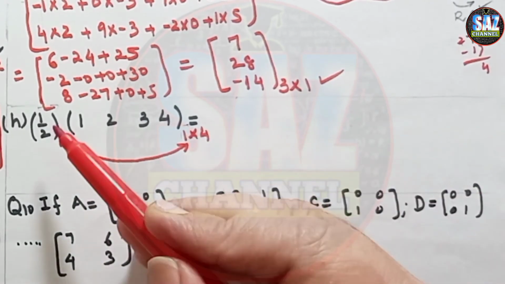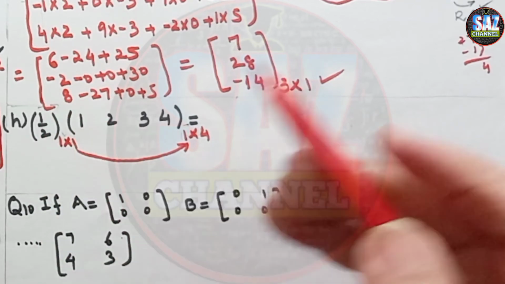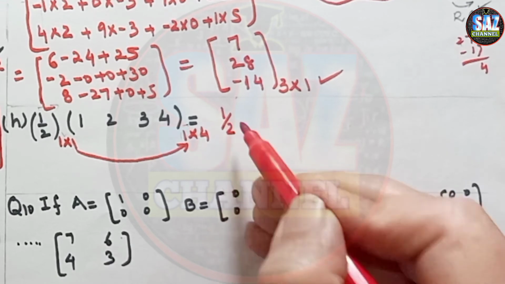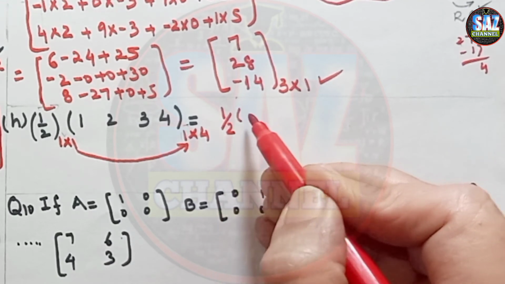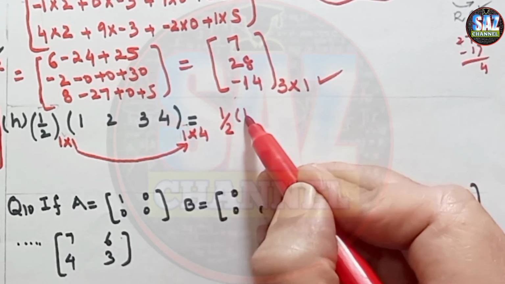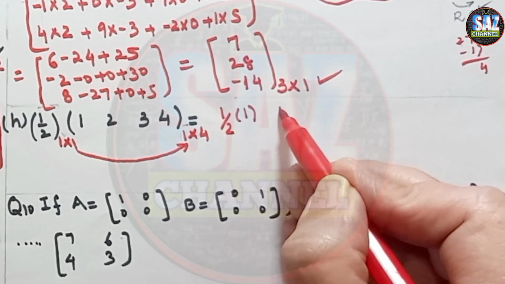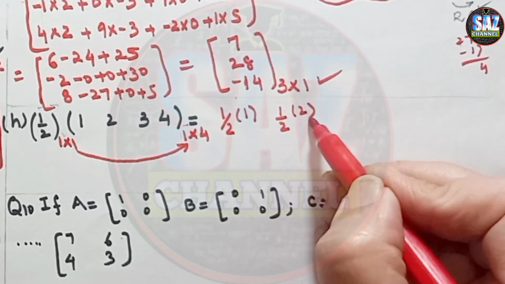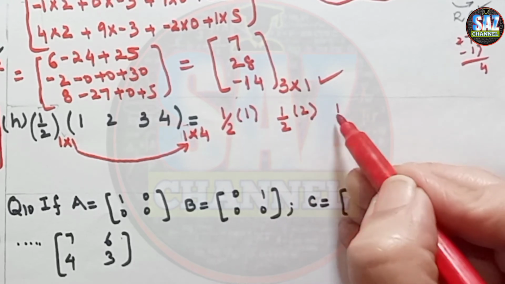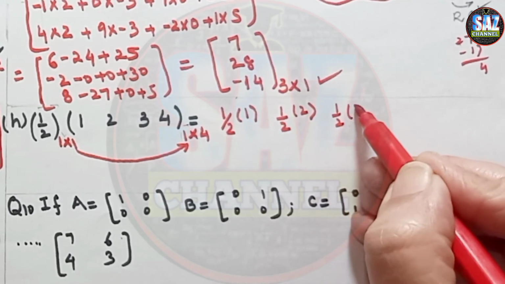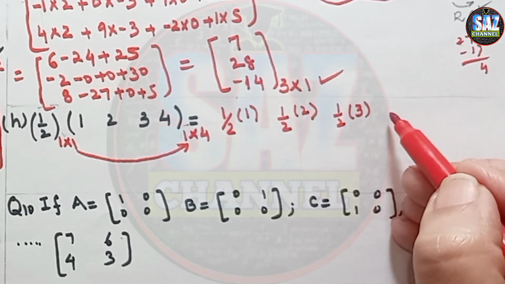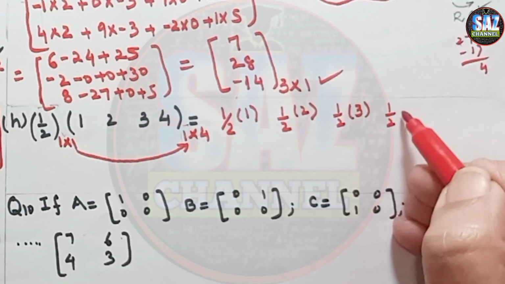So what I have to do is simply multiply this 1 by 1 matrix carefully with all the entries inside the bracket. 1 by 2 will be multiplied by 1, then 1 by 2 will be multiplied by 2, and then 1 by 2 will be multiplied by 3, and then 1 by 2 will be multiplied by 4.